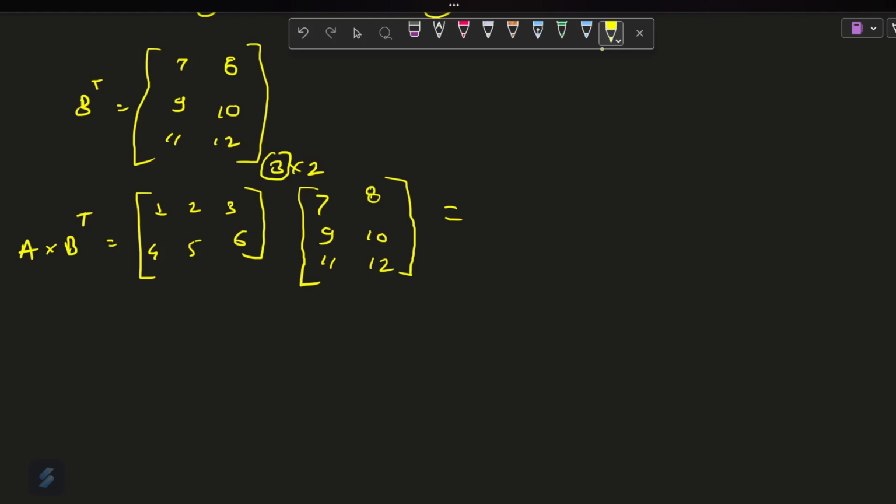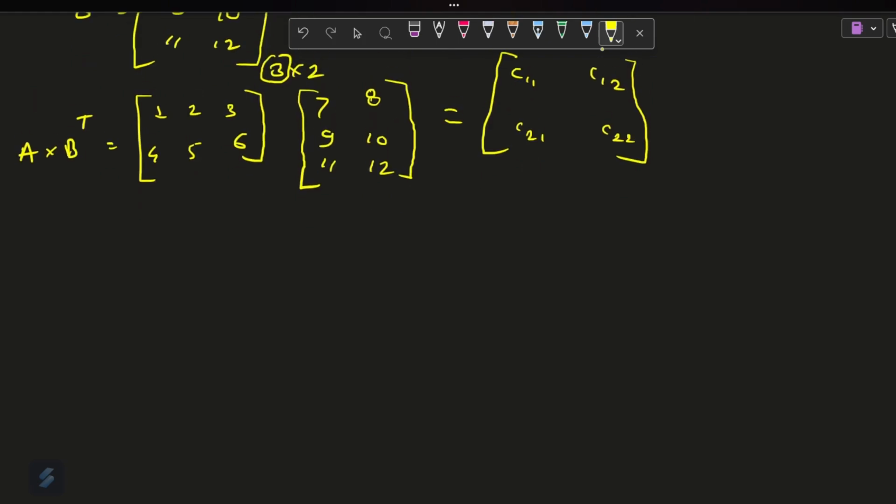Let's say we get another matrix with entries C11, C12, C21, and C22. Let's understand one by one.